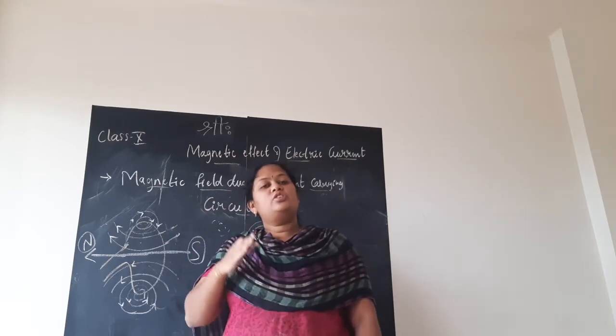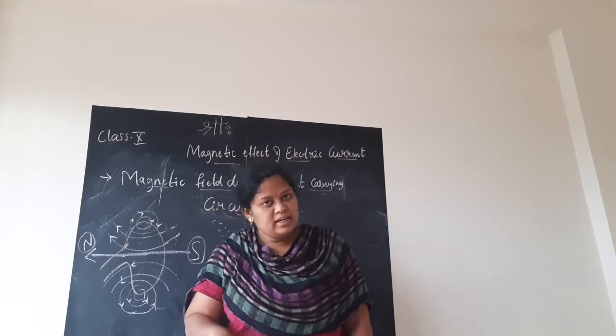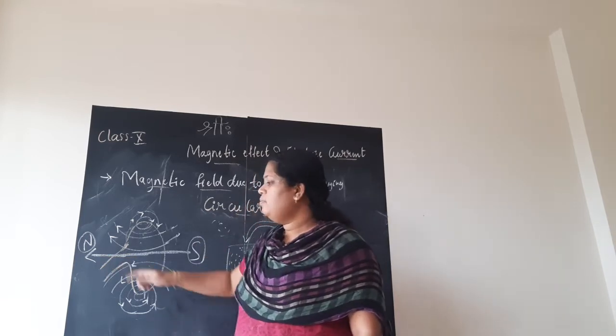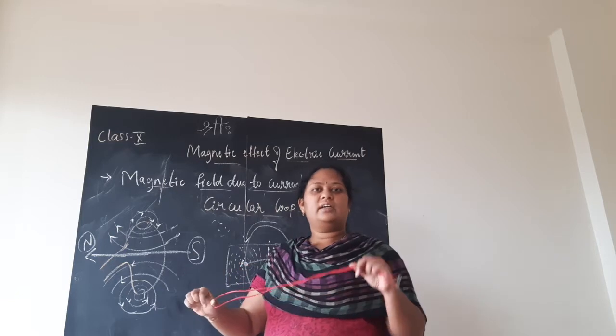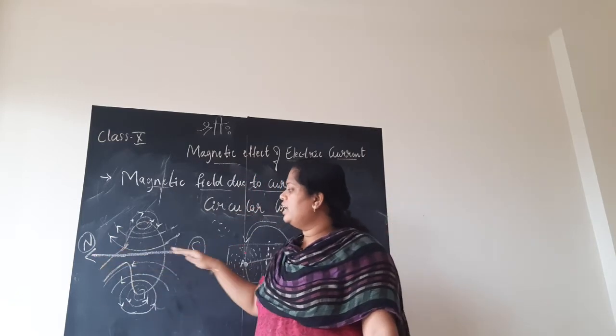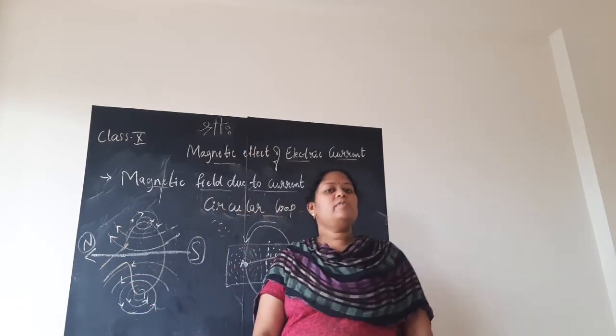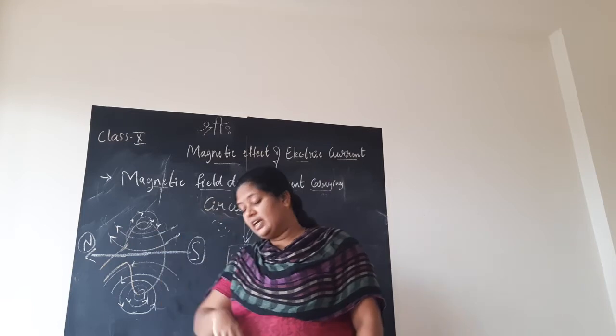Why? Because as you move away from the current carrying conductor, its magnetic field strength goes on decreasing. And by the time you reach the center of the loop, the magnetic field line almost becomes a straight line.